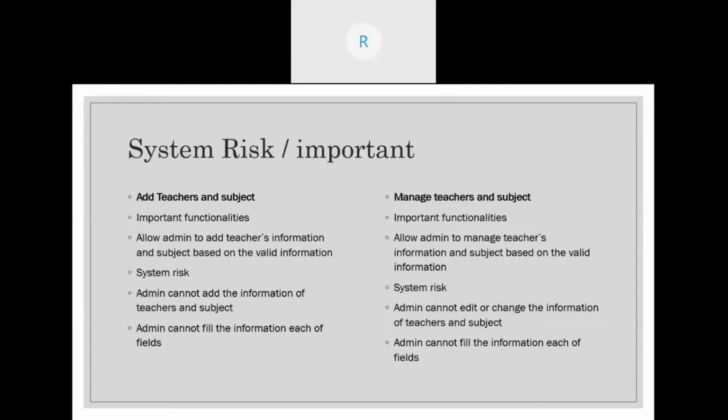For manage teacher and subject, the important functionality is to allow the admin to manage teacher and subject information. The system risk is that the admin cannot edit the teacher and subject, and cannot fill in the information in each of the fields.